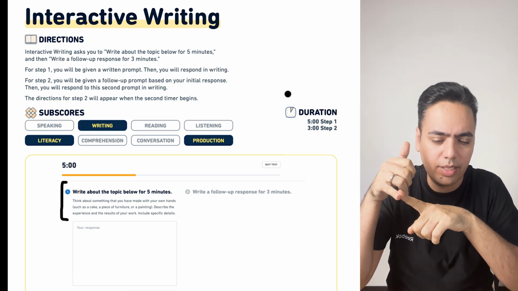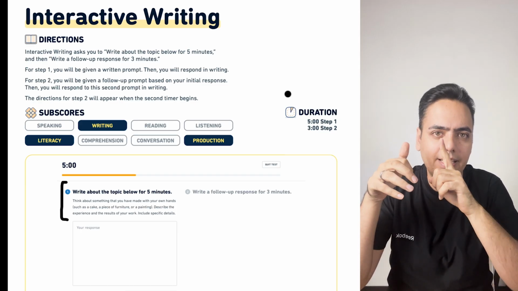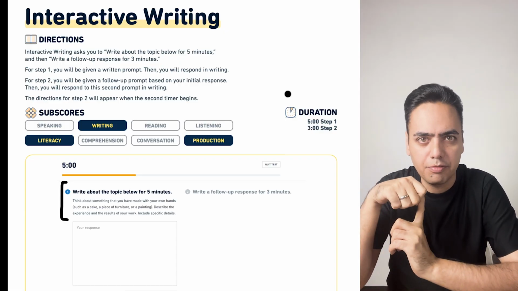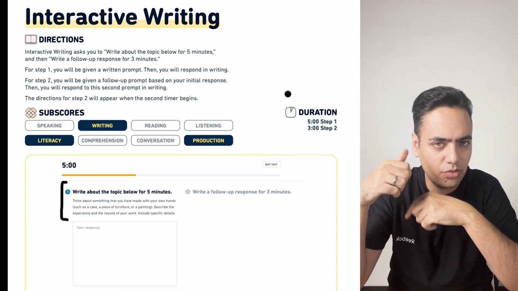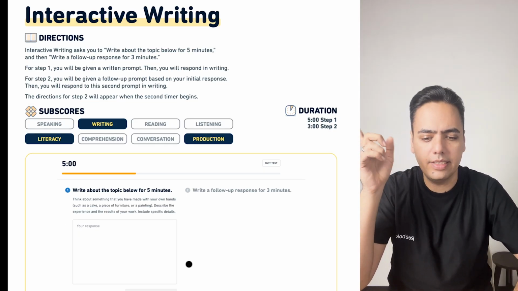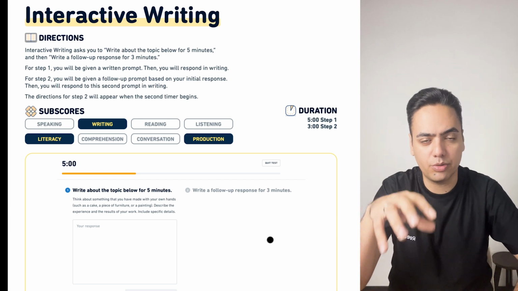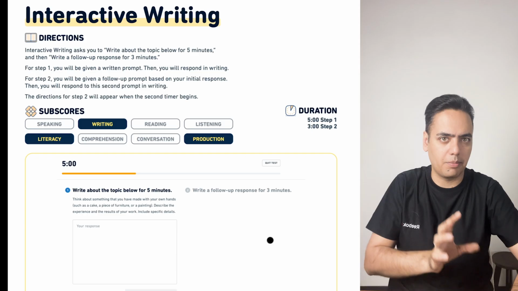Start by answering the question, offer as many details as possible, and keep half a minute up to 1 minute for checking your work. Proofreading is really important. So remember this routine, and practice this as much as possible. And remember, do not click next or continue in any part of the test if your answer is not complete. Make sure your answer is complete, then click next. Of course, keep an eye on the timer as well.